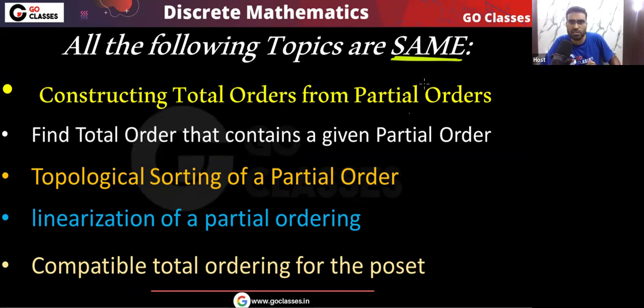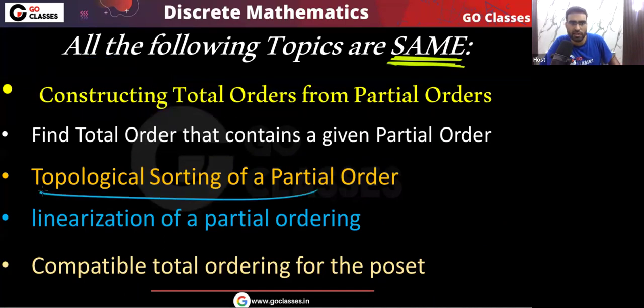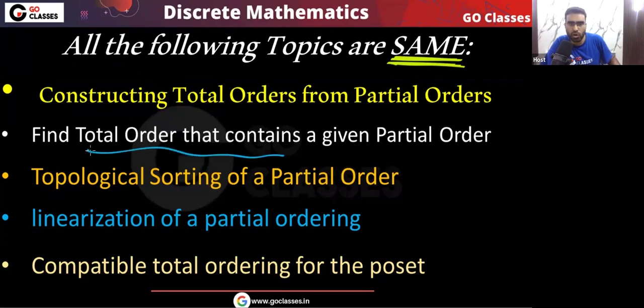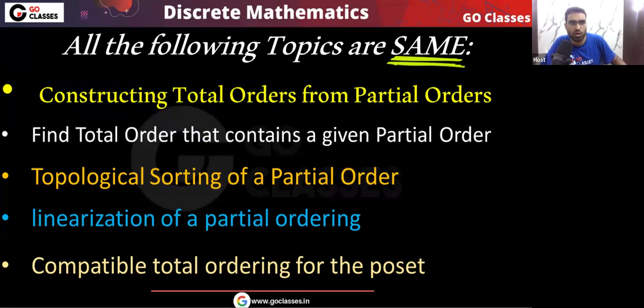Constructing a total order from a partial order is the same as finding a topological order. Similarly, a compatible total order is the same as a topological order. Linearization of a partial order is the same as a topological order. And finding a total order that contains a partial order is the same as a topological order. So ultimately, in all these things, you just have to find the topological order.